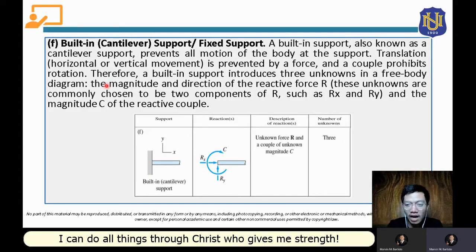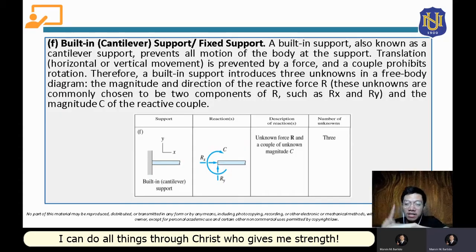So that's the explanation for these reactions, why there are three unknown reactions here. It depends on the restriction. It's also the same for roller support. For roller support, there is only one reaction force. It is the normal force or the vertical force. Let's say the surface is a horizontal surface and you have your roller.